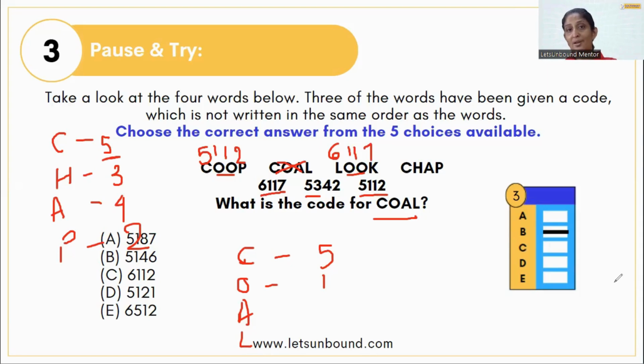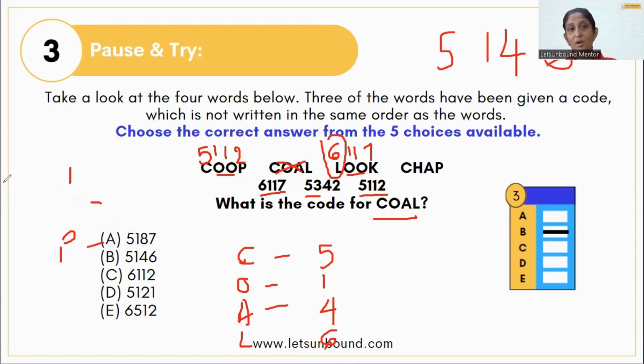So A is now 4 and L is now 6. And which number now corresponds to 5, 1, 4, 6 in the options that we have? If you see, option B is your answer, which clearly indicates the number for 5, 1, 4, 6, which is representing the word COAL.